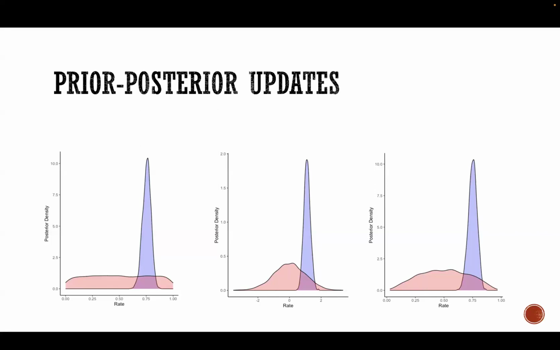Which means that in probability space, you would have a U-shaped probability distribution. Which means that you thought you were telling the model we know nothing about this, but actually what you're telling the model is we're really, really sure that rate is either 0 or 1.